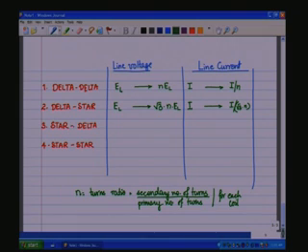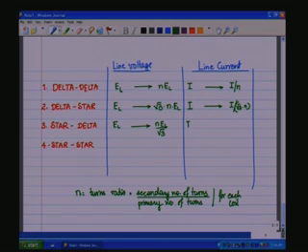Then the star delta: if you apply EL as the line voltage on the primary side, the phase circuits get a voltage of EL by root 3, which becomes n times EL by root 3 on the secondary phase coils, and that itself is the line voltage n EL by root 3.